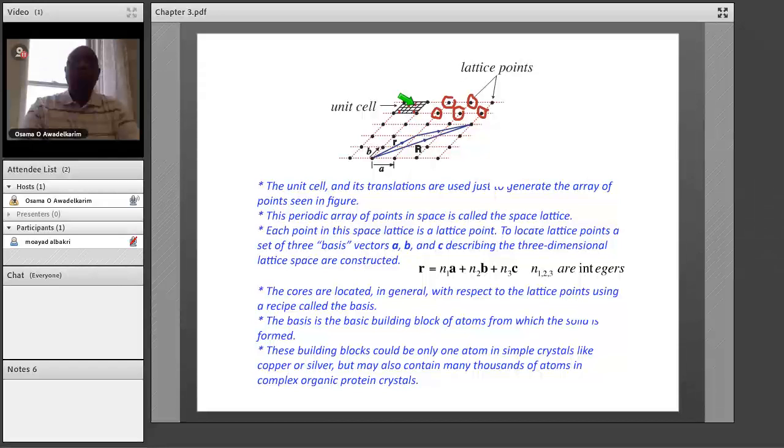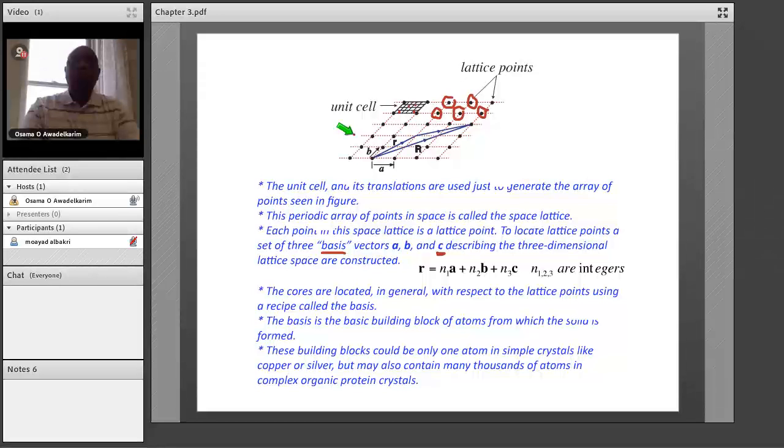And we also talked about the basis vectors, A, B, and C. Now, you don't see the basis vector C in this figure up here because we only have a 2D crystal. But if we expand this to three-dimensional space, then we will have a third basis vector, which is the C vector.